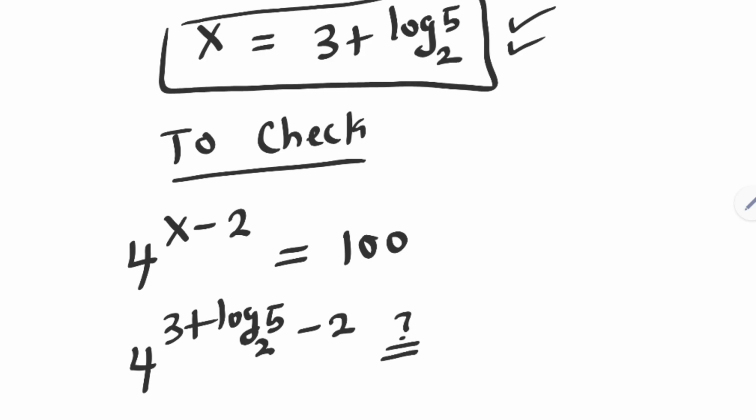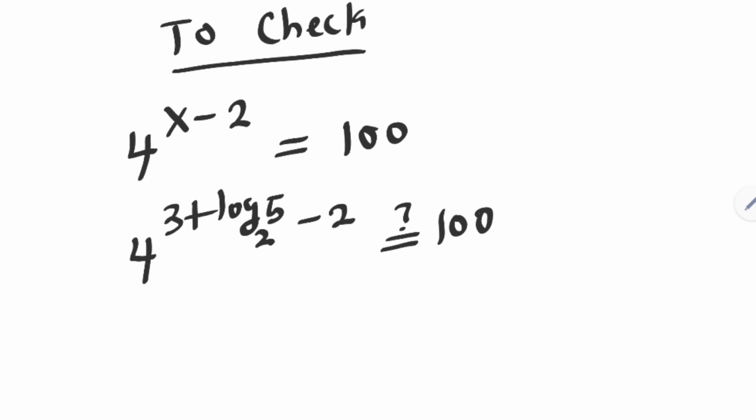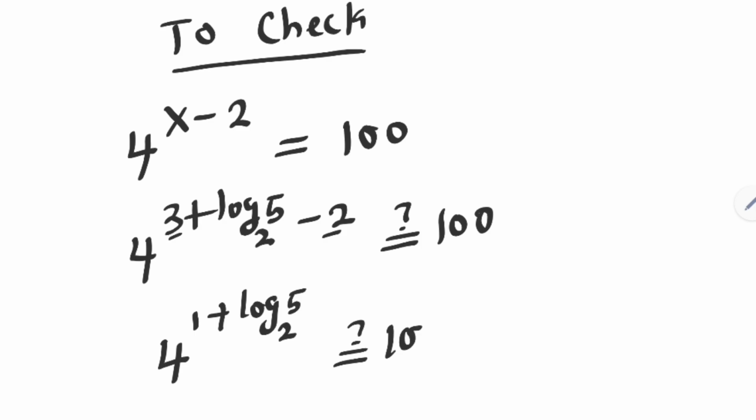This must be equal to 100. Now, this is minus 2 and this is plus 3. Minus 2 plus 3, that is 1. We have 4 raised to power 1 plus log 5 base 2 must be equal to 100.